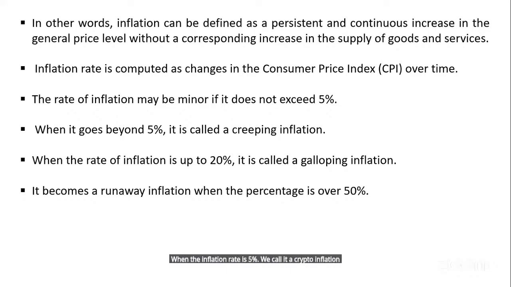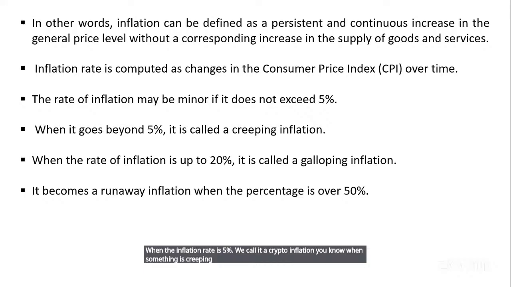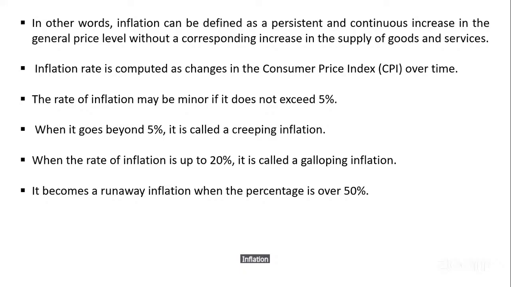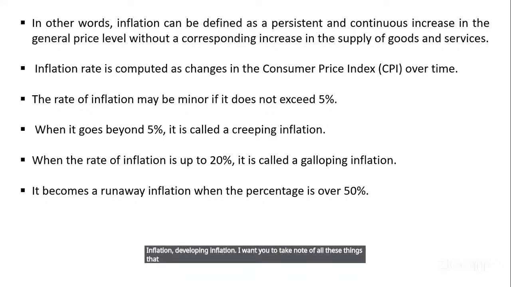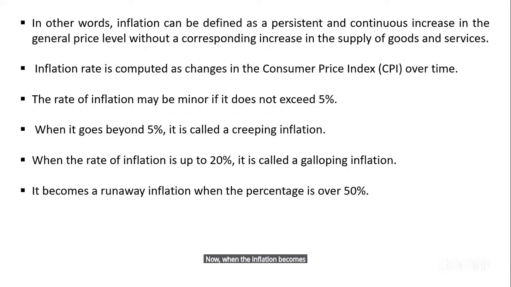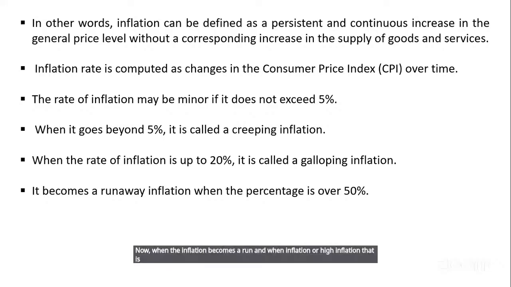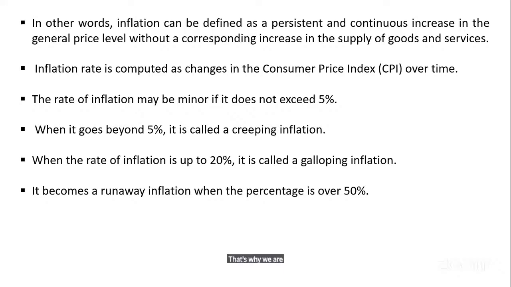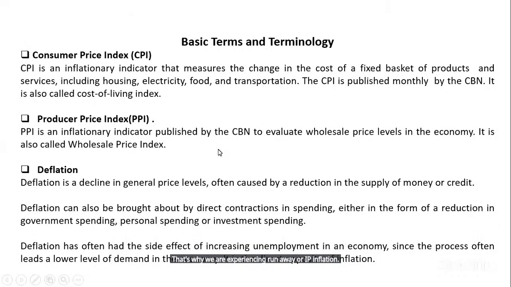In a situation where your inflation rate is up to 20%, it is called galloping inflation. I want you to take note of all these things by the time you come across them in your objectives. But when inflation becomes runaway inflation or hyperinflation, that is when the percentage is above 50%.